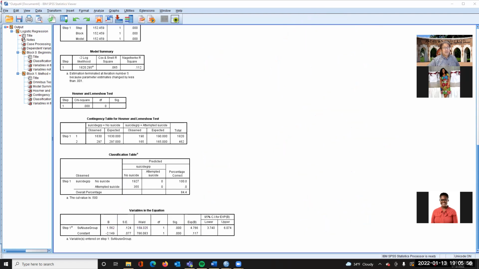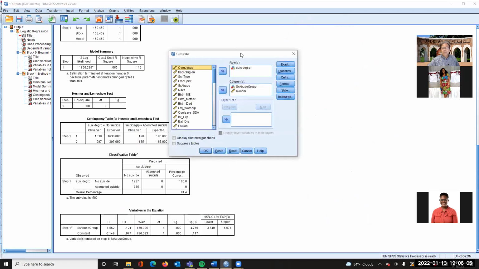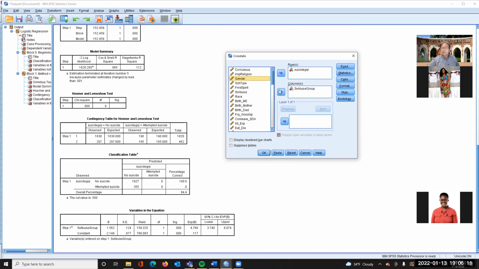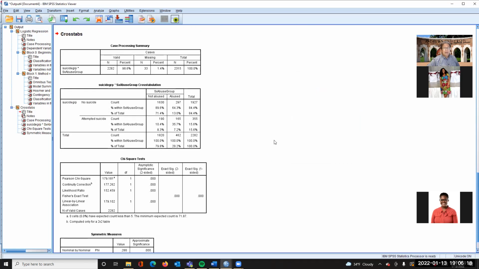So if we go to analyze and go to cross tabs, and I've done that already here. Click OK. This is what we have. Okay.